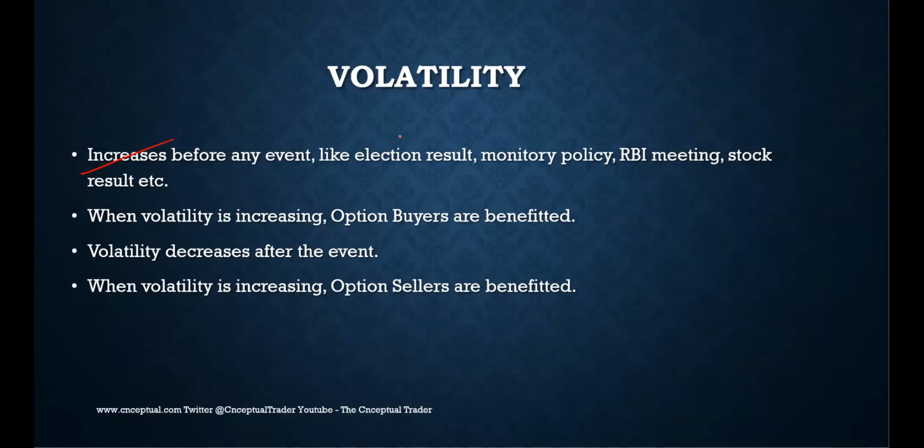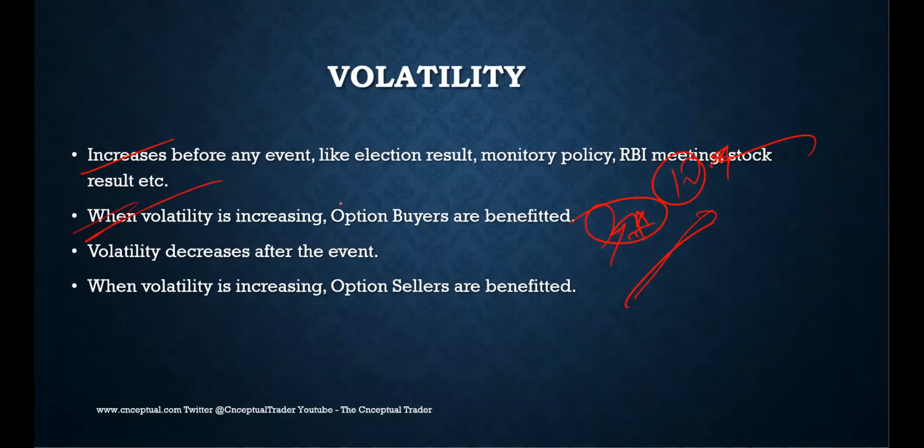Whenever IV is increasing, option buyers are obviously benefited, because all the options, calls as well as puts, will gain in price. If you are correct with the delta, you are okay on direction. Now if IV also increases, then IV increment will also give you profits at the same time.